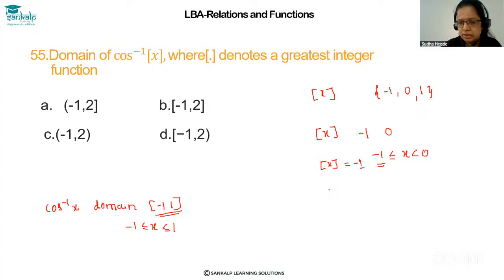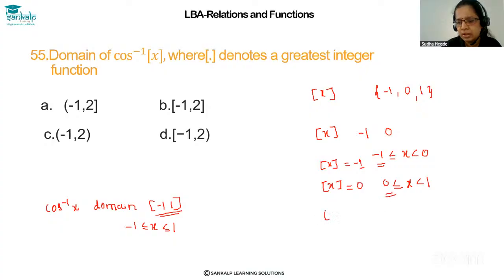The next possibility is 0 less than or equal to x less than 1. In this interval it is 0. Always you need to take the lower one.